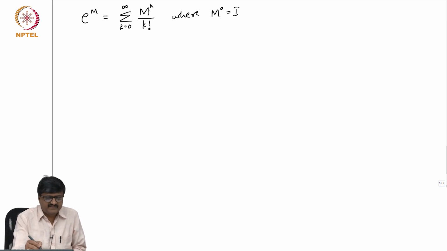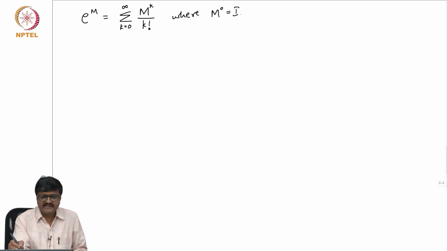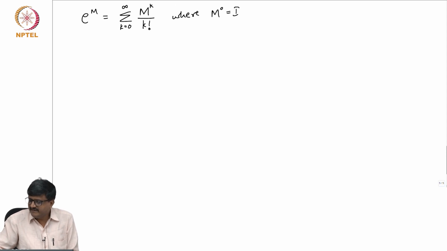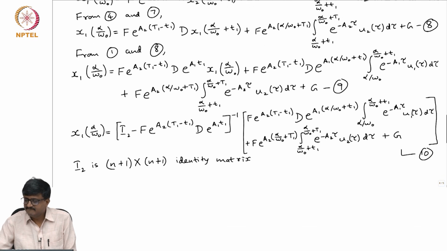If M is a square matrix, then exponential of M is also a square matrix, because M raised to 0 is an identity matrix of the same size, M raised to 1 is just M, and M raised to 2 is again a square matrix of the same size as M. So the exponential of the matrix is also a square matrix.